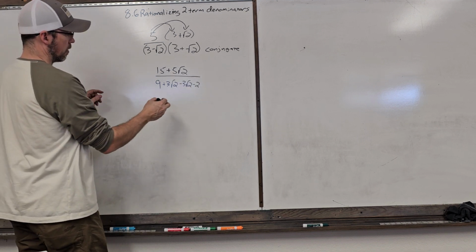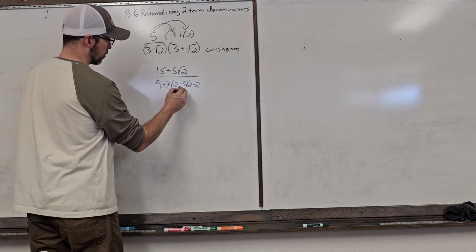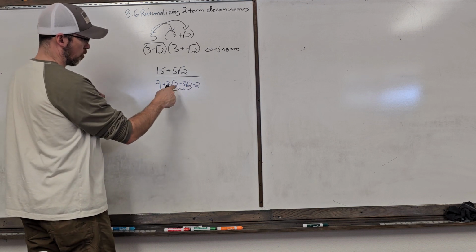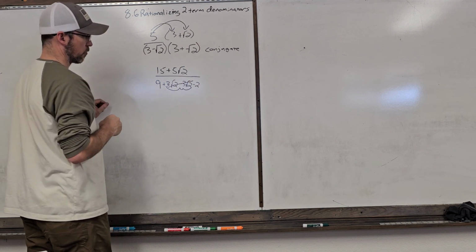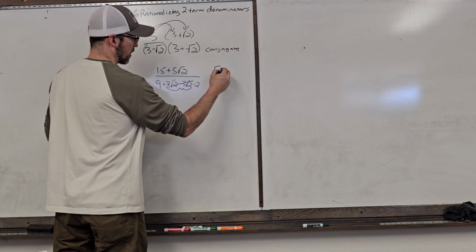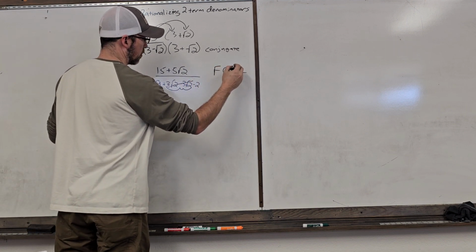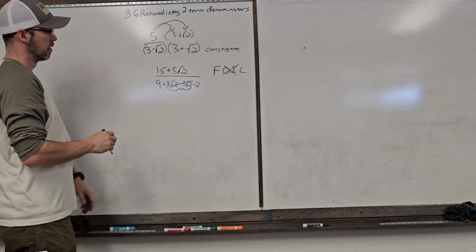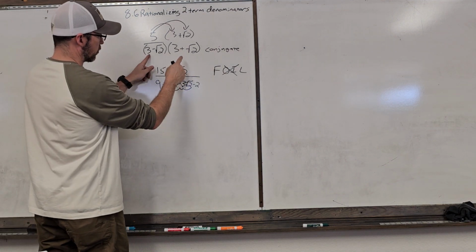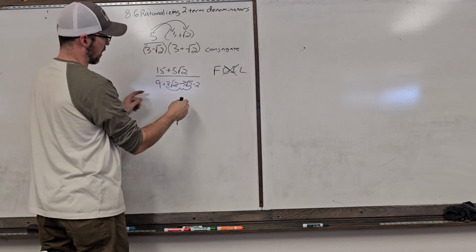All right? These two terms, when you multiply conjugates, always cancel each other out. 3 square roots of 2 minus 3 square roots of 2 cancels each other out. So basically what's happening when we FOIL that, those two always cancel out whenever it's conjugates. So going forward, all you have to do is the first times the first, last times the last, and then combine them.